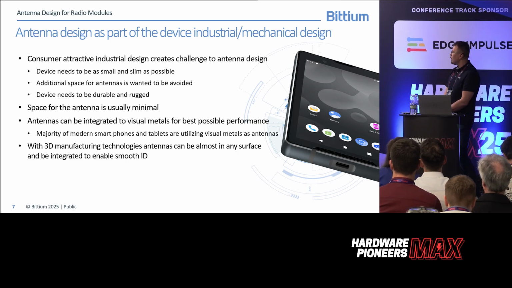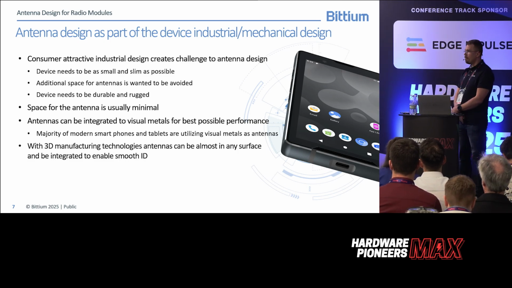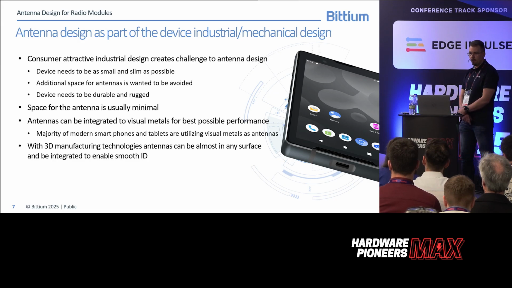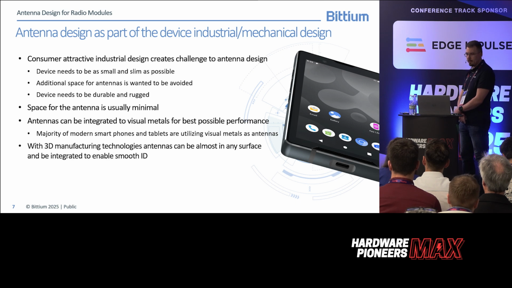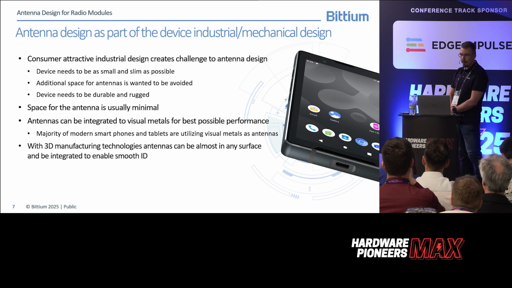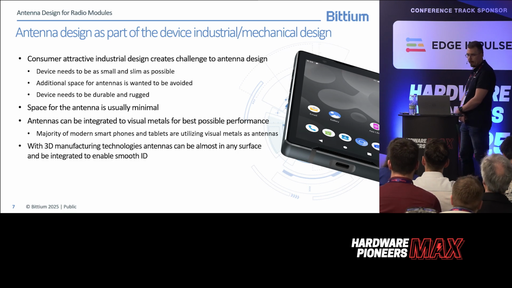This consumer-attractive industrial design creates a huge challenge to antenna design, because the device needs to be as small and slim as possible, and additional space for antennas is wanted to be avoided. And many times the device also needs to be durable and rugged.